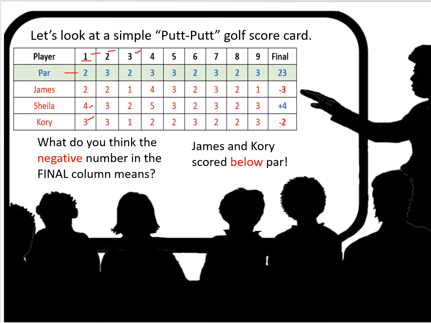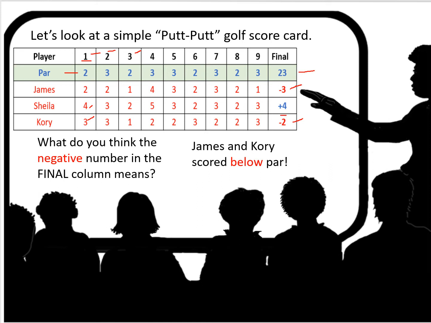What do you think the negative number in the final column means? Well, James has a negative number, -3, and Corey has a -2. Usually we think of negative as a bad thing, but in this case with putt-putt golf, because par is your standard, you're going to go above or below par. If James and Corey scored below par, then that's actually a good thing.